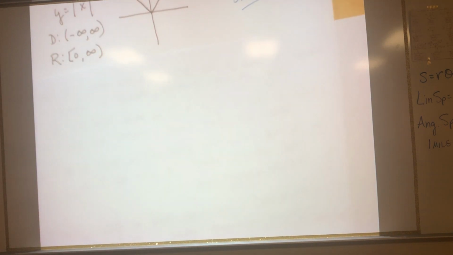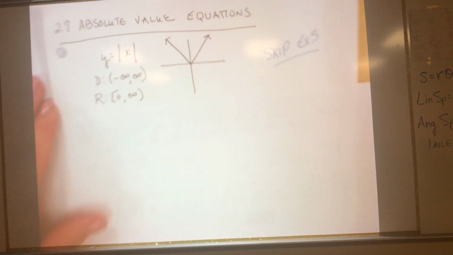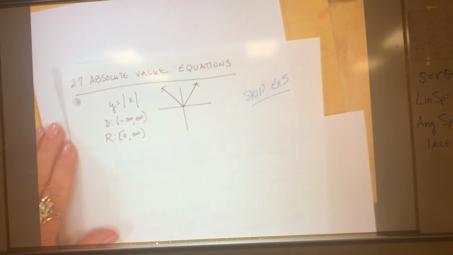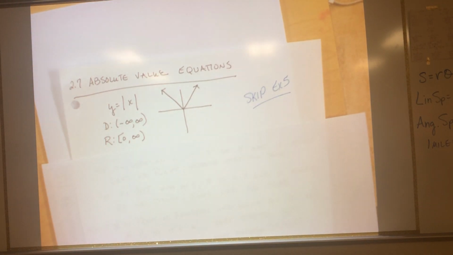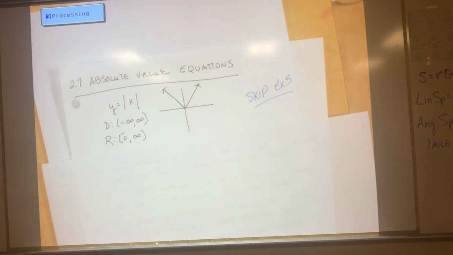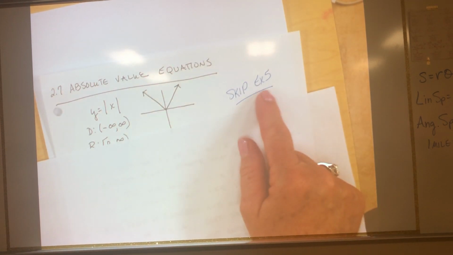So this is section 2.7, and it's absolute value equations. Okay? You know that the parent function is y is equal to the absolute value of x. My domain is from negative infinity to positive infinity, and my range is from 0 to positive infinity. Alright? We are skipping example 5.